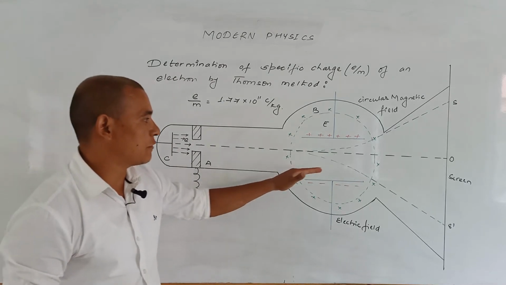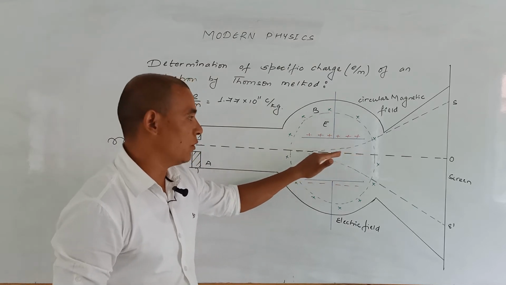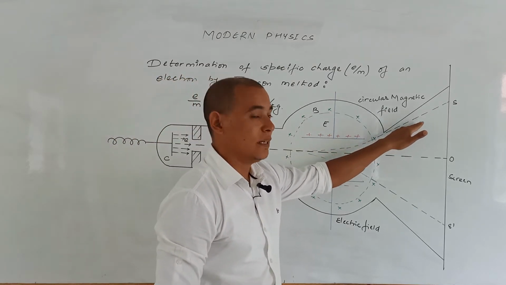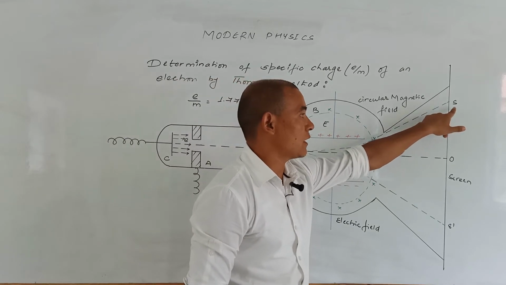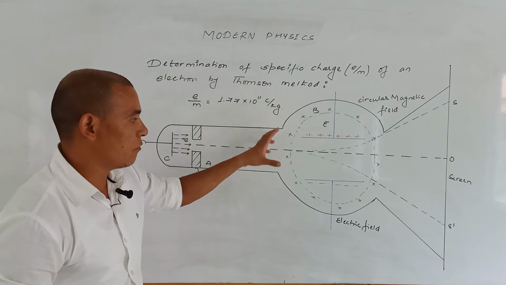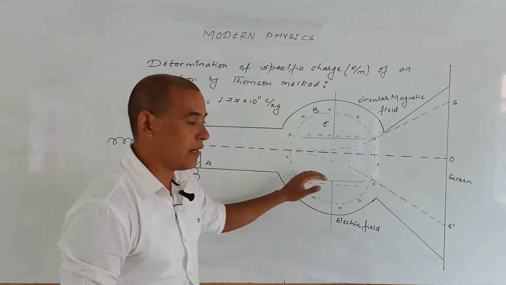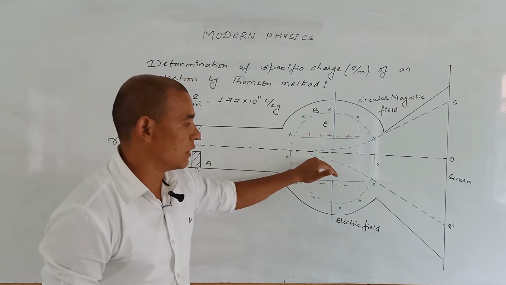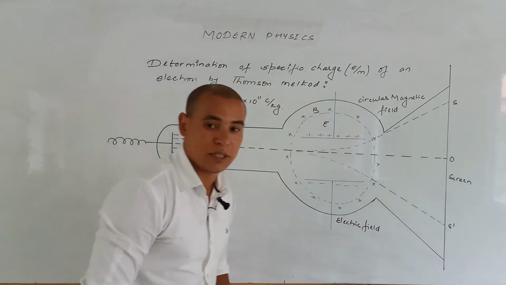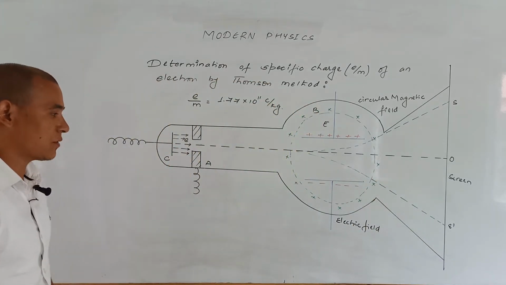When only the electric field is applied, they follow a projectile path and are deviated towards position S on the screen. When only the magnetic field is applied, the electron follows a circular path and strikes at position S dash on the screen.